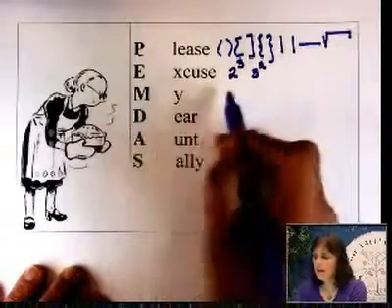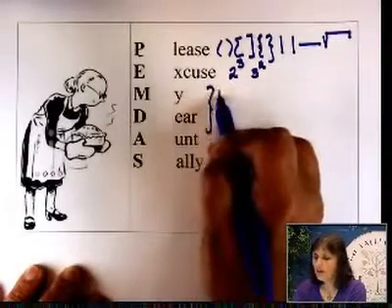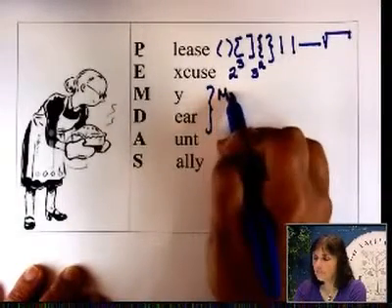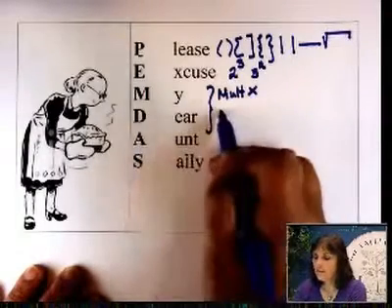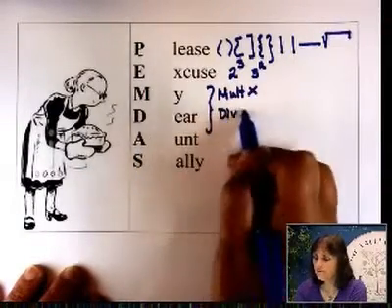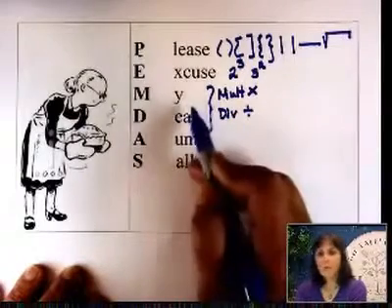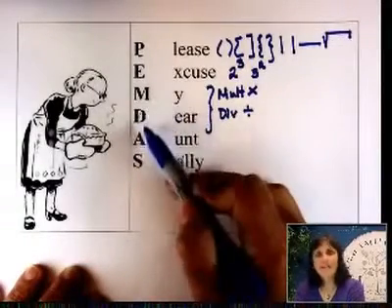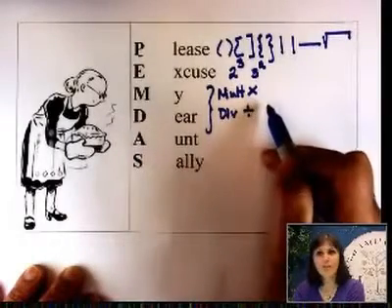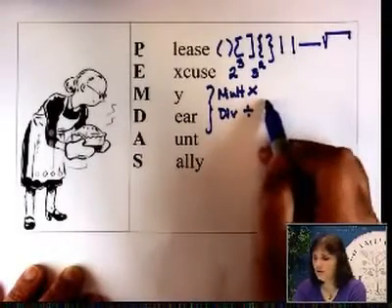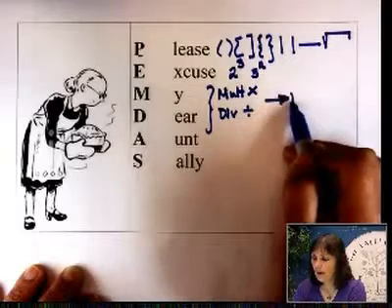My M stands for multiplication. D stands for division. But guess what? My M does not take precedence over D. Actually, when you see multiplication and division together, you do them from left to right.